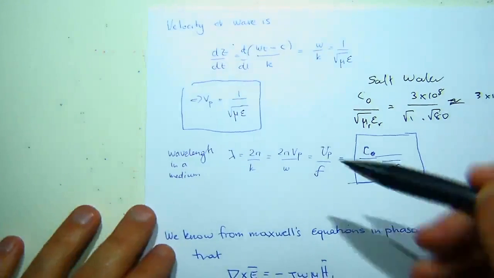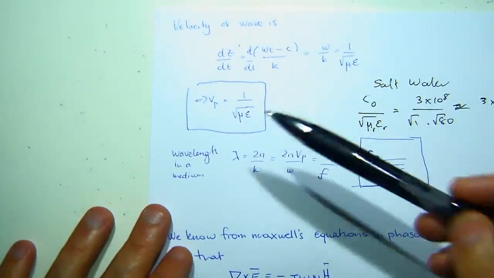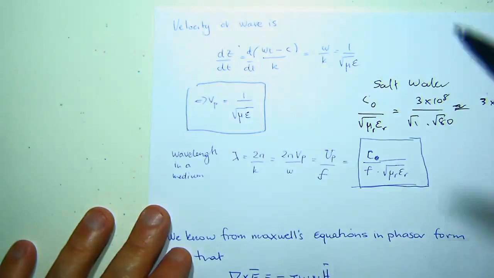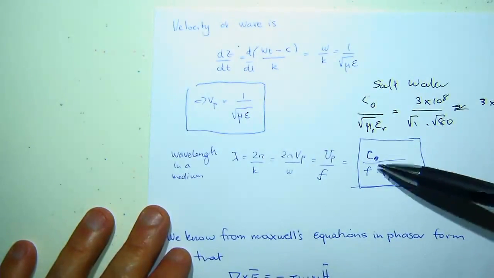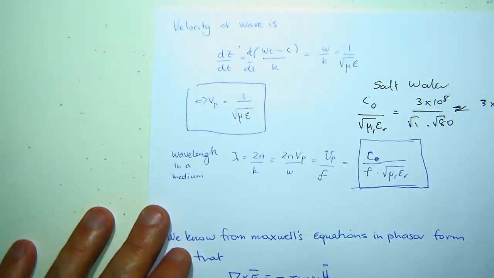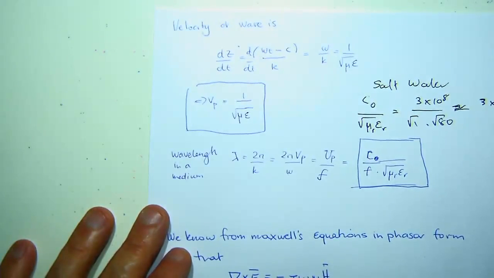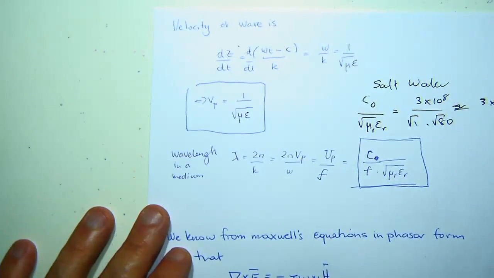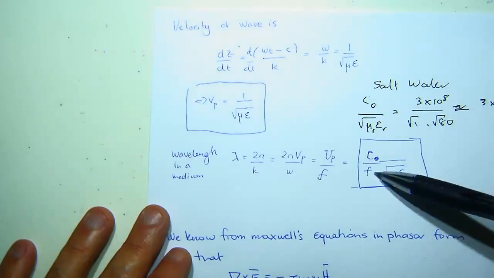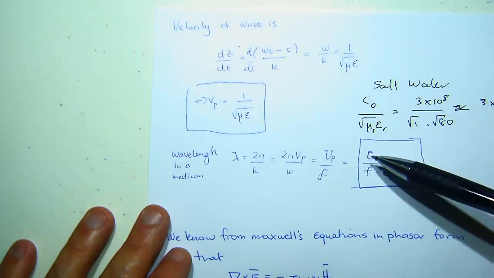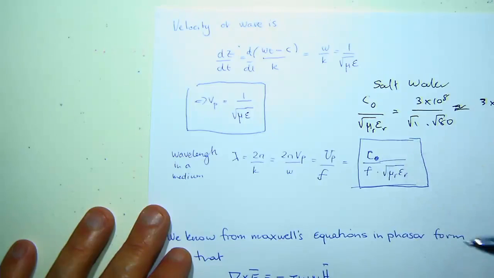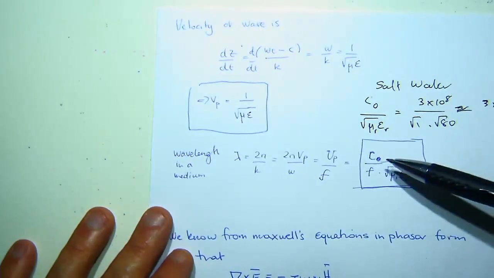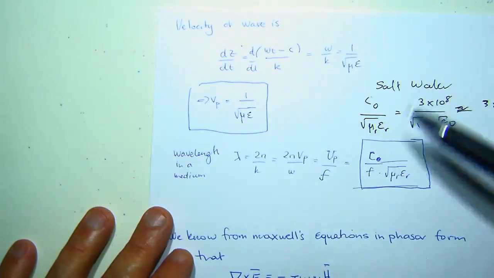Okay, so what it allows you to do is, we've got a wavelength in a medium. We know the relationship c equals f lambda, that's the relationship which determines the frequency and the wavelength. So the speed in a material is frequency times wavelength, and you can rearrange that.